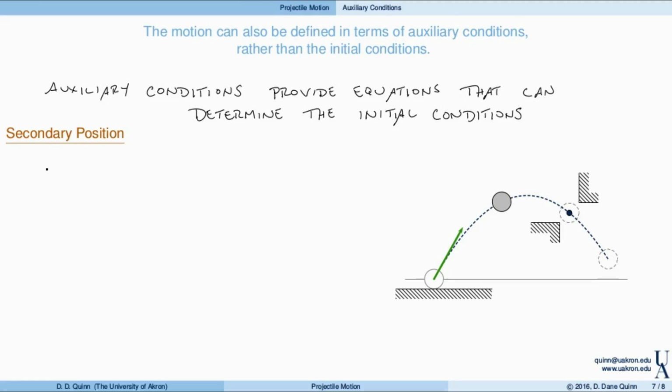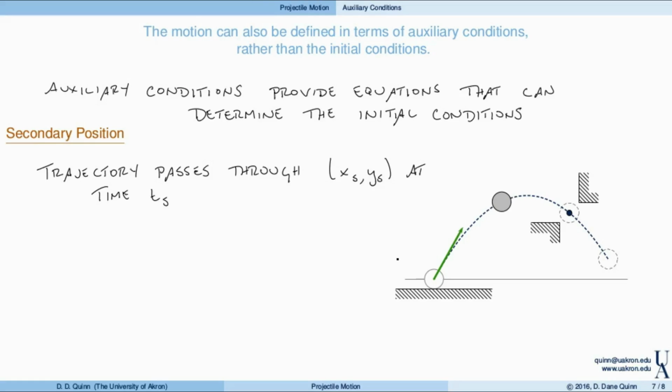So assume that the trajectory passes through some point xs, ys at some time ts.